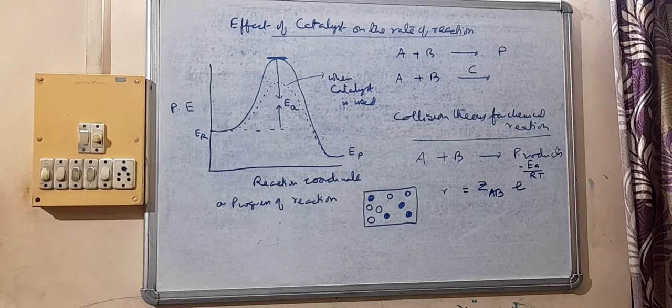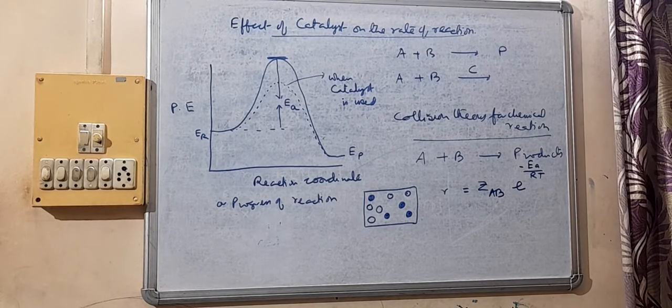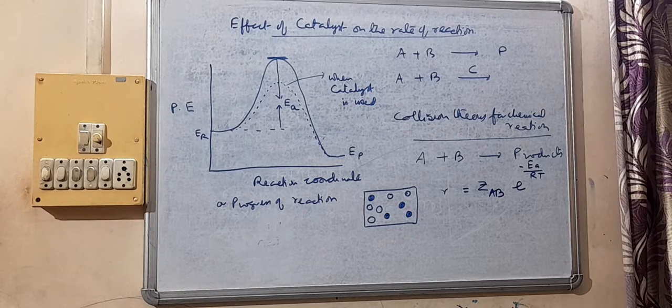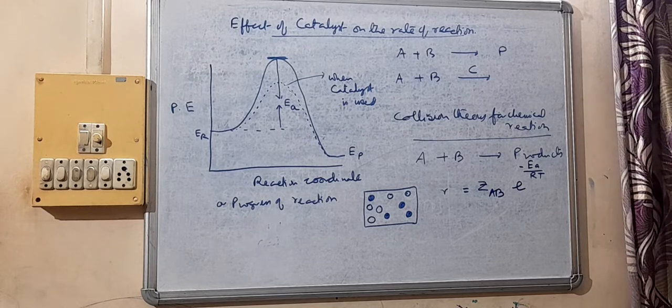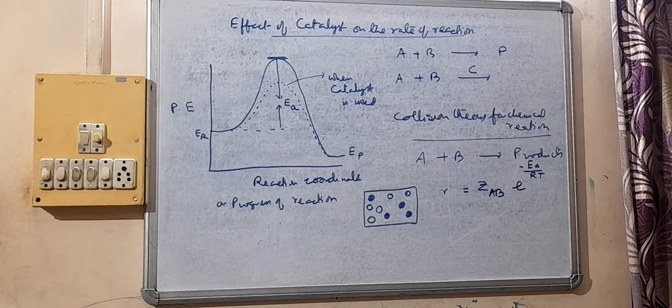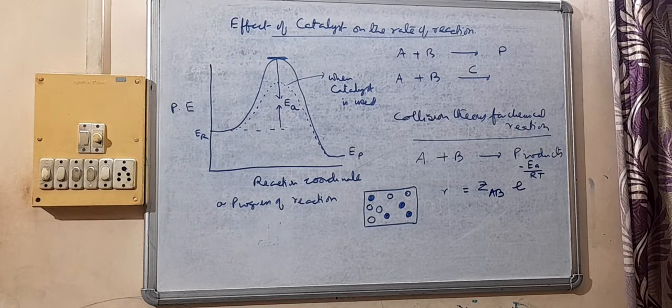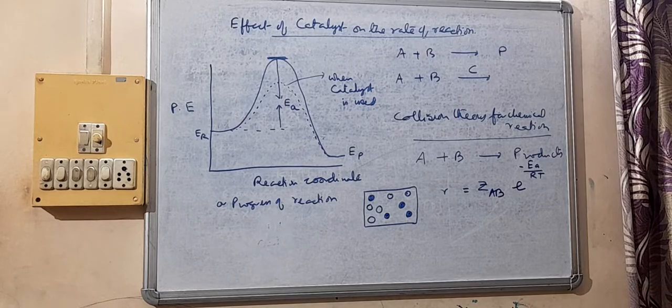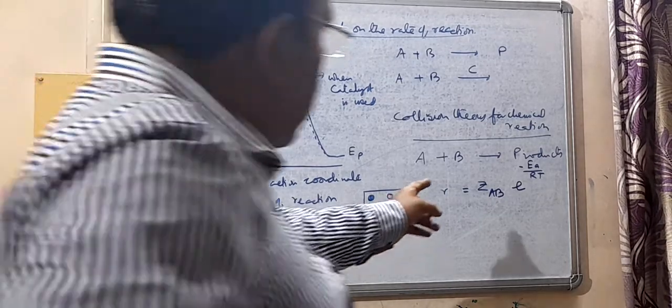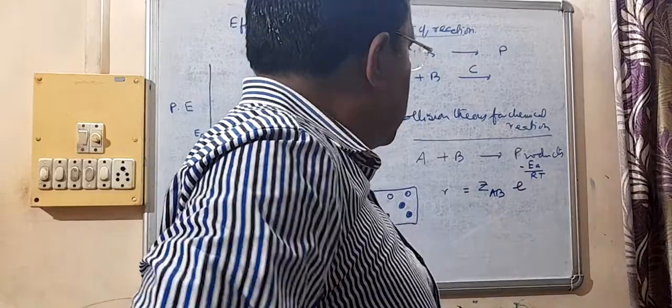Where EA is the minimum energy required for the reactant molecules to have for their collision resulting into chemical reaction, and ZAB is called collision frequency.